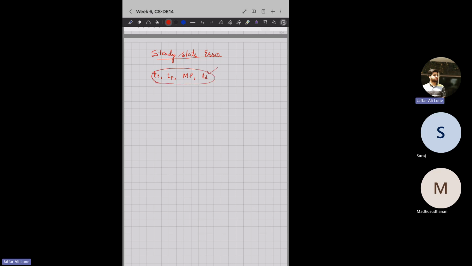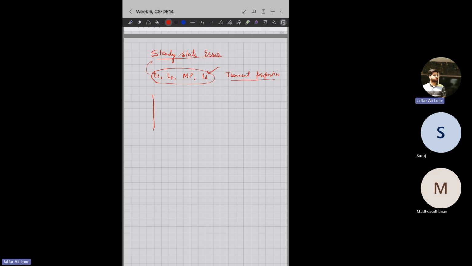All of these are transient properties. When we talk of settling time, or another term, the steady state error, this comes in the steady state regime. So we will also be seeing today about the steady state properties, that is, when the response has settled.